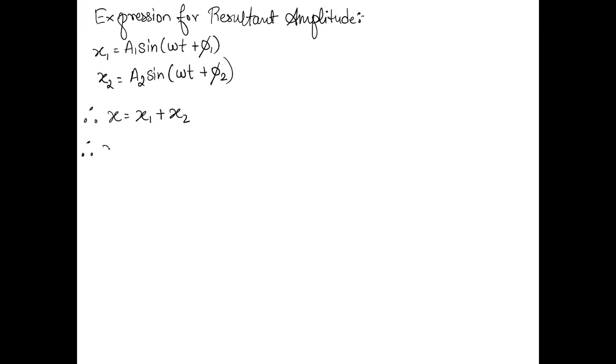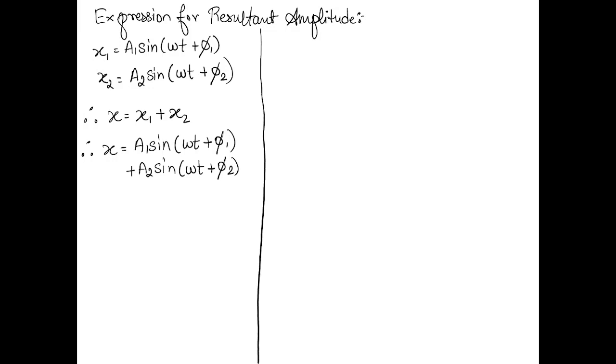Therefore, x equals a1 sine of omega t plus phi 1, plus a2 sine of omega t plus phi 2. This is the value of x.